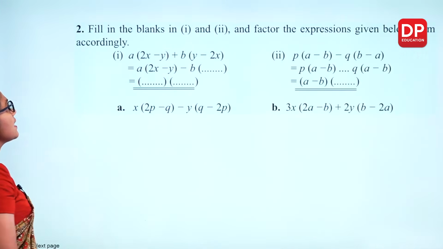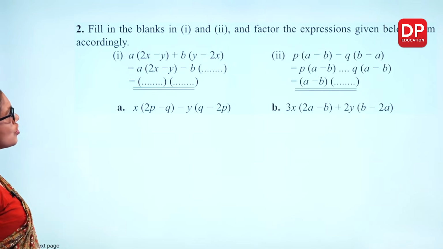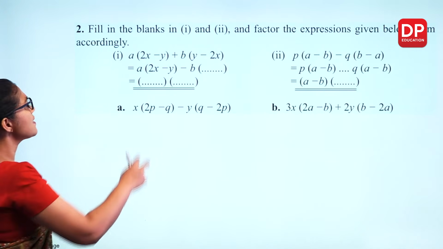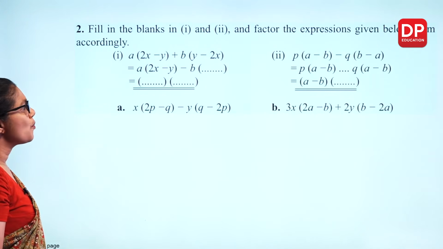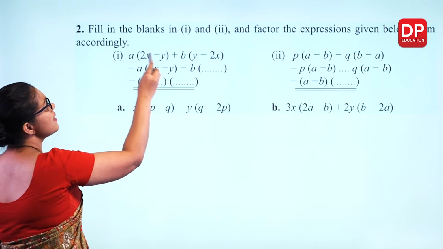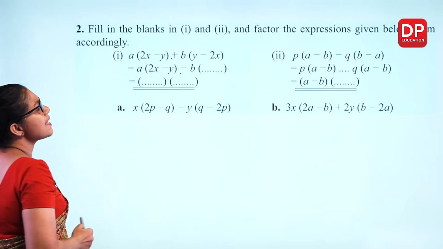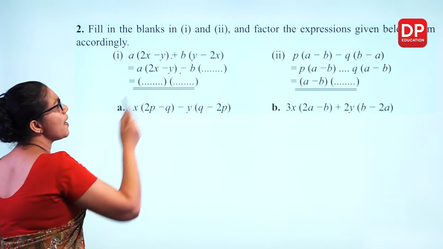Now we'll see the second question. So here in this second question, factor the expressions given below accordingly. So here some steps are given. So we need to fill in blanks. So here already done. Here what we can write here. Can you see the sign has changed here, plus to minus.